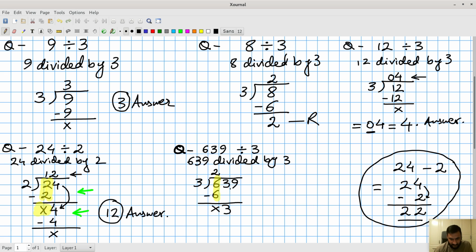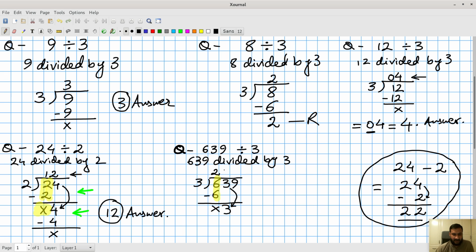That is how we do it. We bring it down below this line. And now we check if this number is greater than or equal to 3. It is equal to 3, so that means we get it with the first multiplier, which is 3 1s are 3.